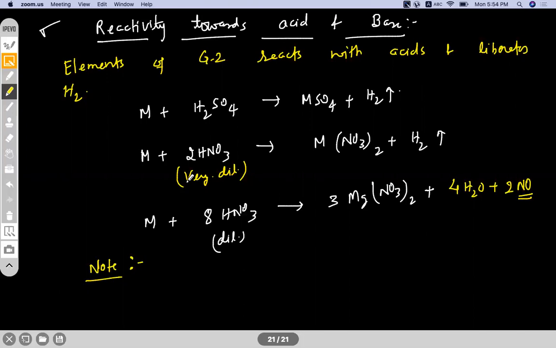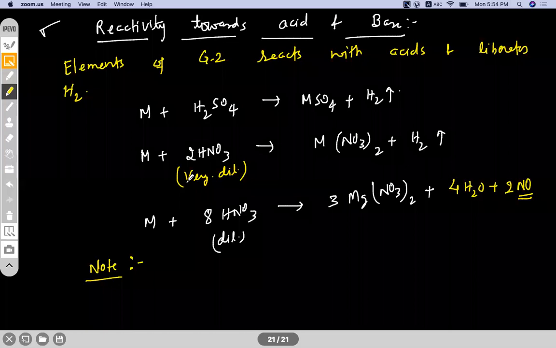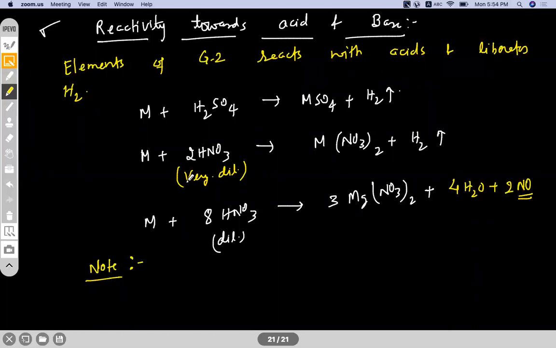Reason is that HNO3 is a strong oxidizing agent and it forms a layer of oxide on the surface of beryllium. Further reaction is not possible.